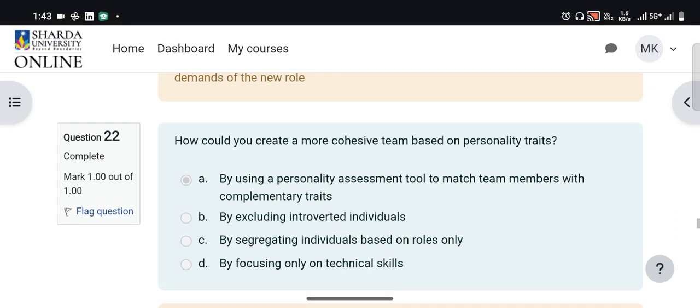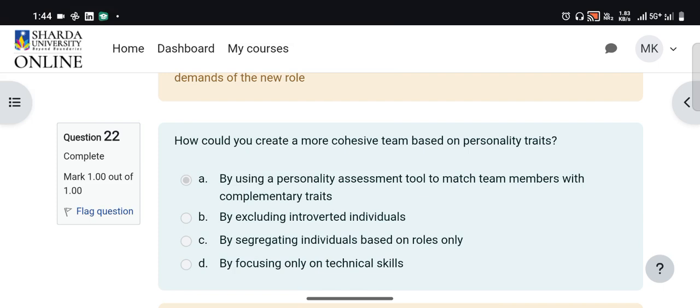Question number 22. How could you create a more cohesive team based on personality traits? Option A, by using a personality assessment tool to match team members with complementary traits. Option B, by excluding introverted individuals.